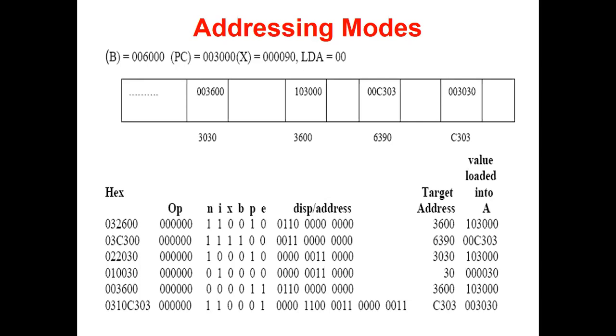So how do we calculate the target address when B is a 0 and P is a 1? Target address is equal to the program counter plus the displacement. Okay, very good. When bit B is a 0 and P is a 1, you take what is in the program counter and then you add the displacement that gives you the target address.